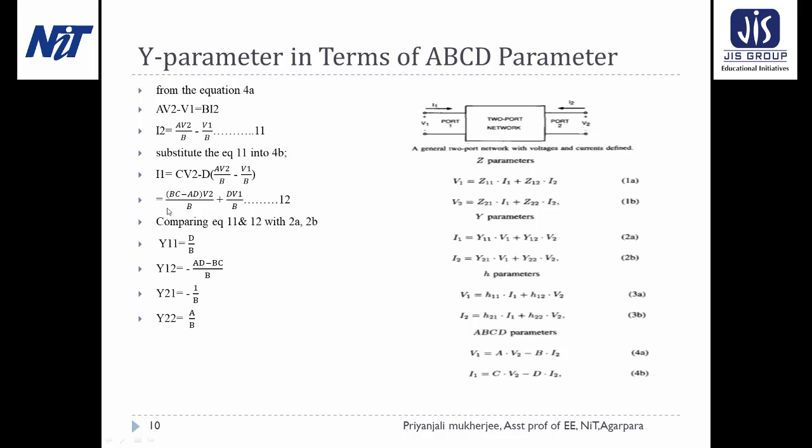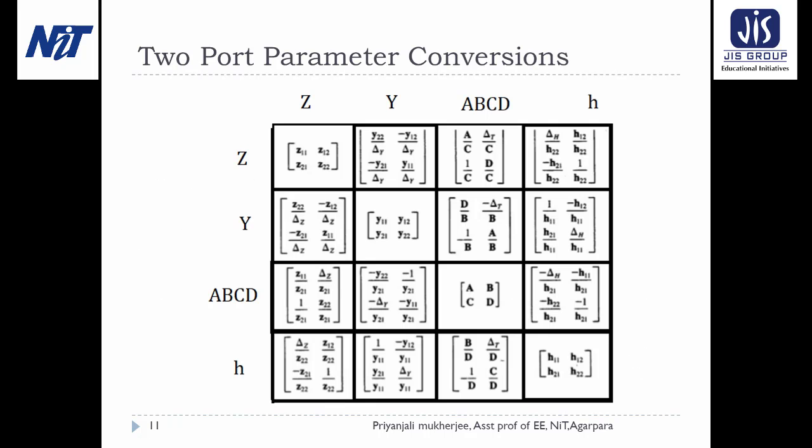From these two equations, we can compare with the equations of the Y parameter, 2a and 2b, and we can express Y11 in terms of ABCD as D by B, whereas Y12 equal to minus (AD minus BC) by B, Y21 equal to minus 1 by B, and Y22 is equal to A by B.